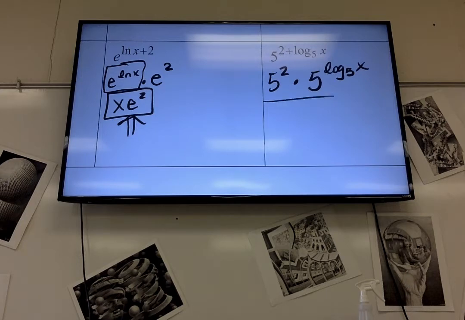Because remember, if they're multiplied, then I add the exponents. So I'm just doing the opposite. If I added the exponents, they had to be multiplied together. 5 squared is what? 25. 5 to the log base 5 of x is x.